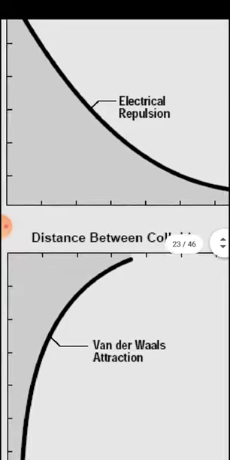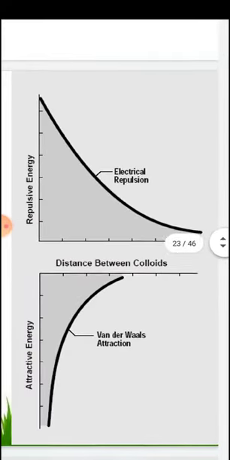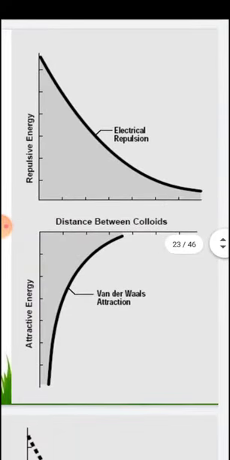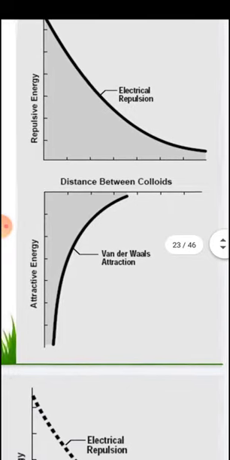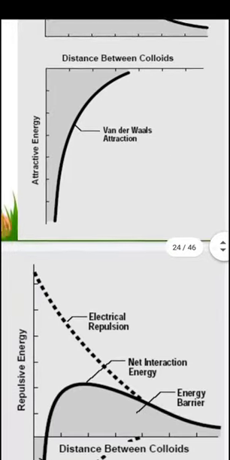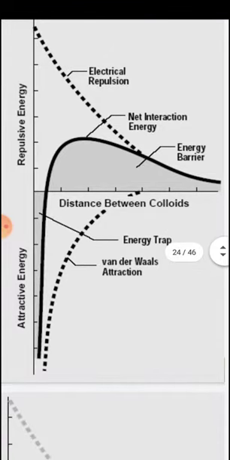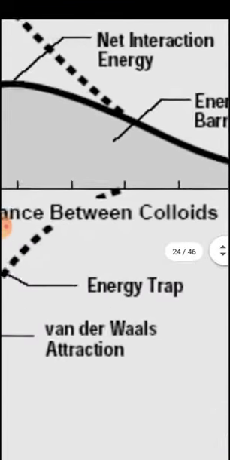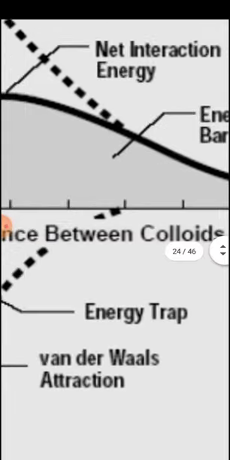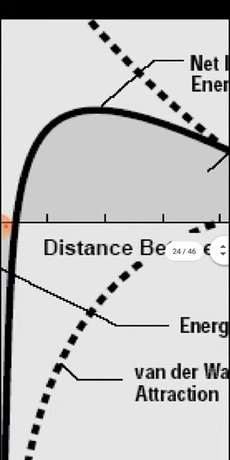In this case, we will be combining these two figures here, and now you can check the energy barrier. So this is the energy barrier and net interaction energy which is shown here.